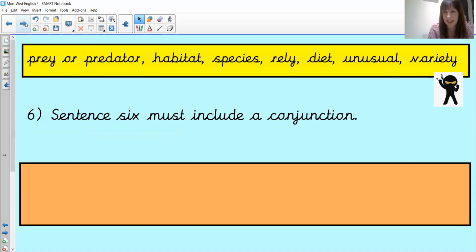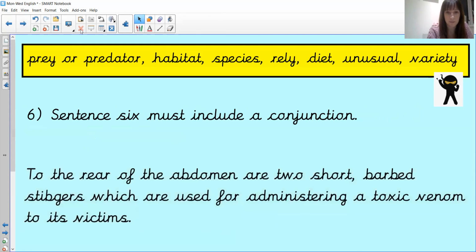Okay, number 6. So sentence 6 must include a conjunction. So think about your fanboys and I saw a rabbit. All right, can you use any of those conjunctions in your next sentence? Let's have a look what I wrote.